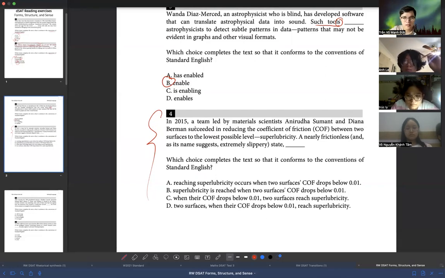C. Let's see. Do you still remember what this kind of question is? This kind of structure? What is this structure? Would you call this?